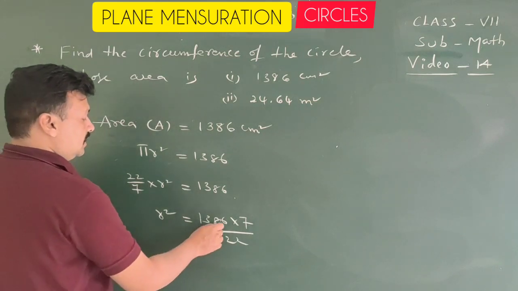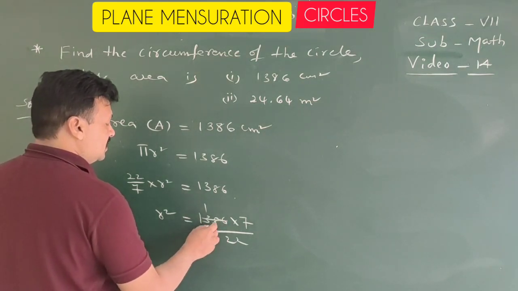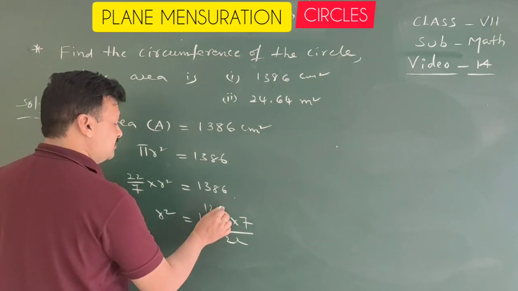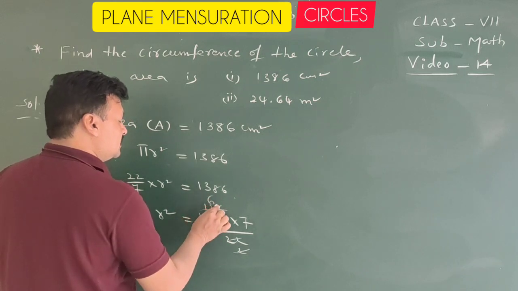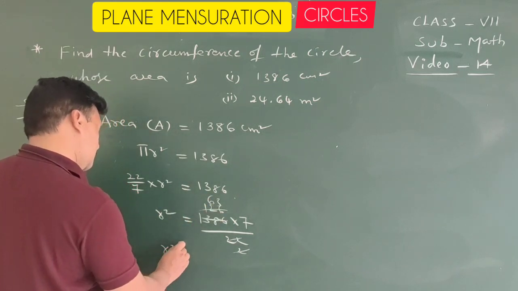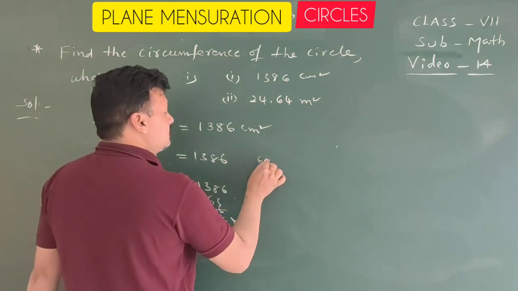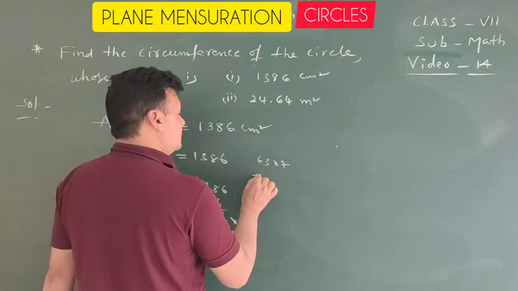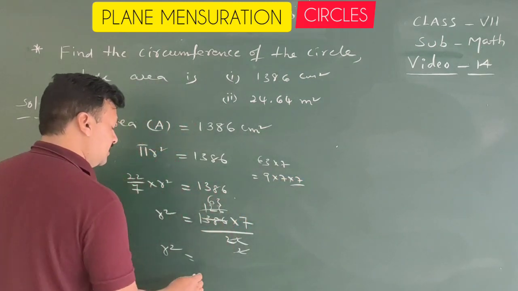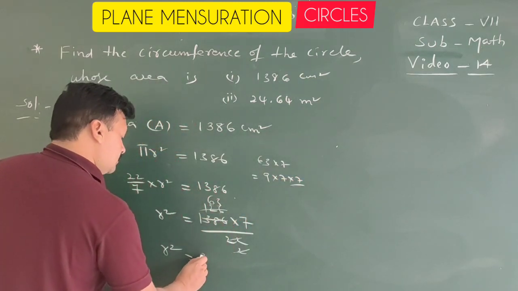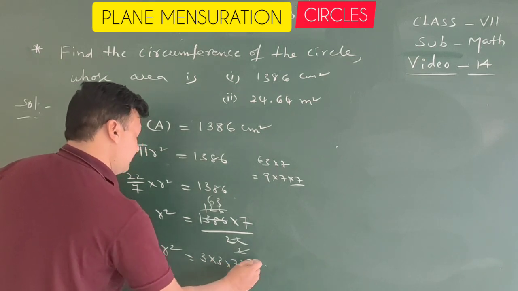So here 11 ones, 28 means 2 times, 66 means 6 times. Now r square equal to 63 into 7. 63 into 7 is nothing but 9 into 7 into 7, that is 3 into 3 into 7 into 7.